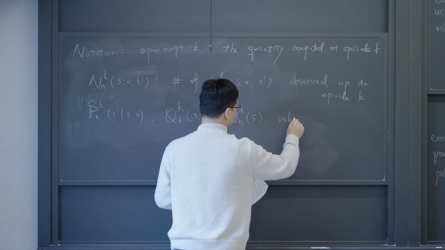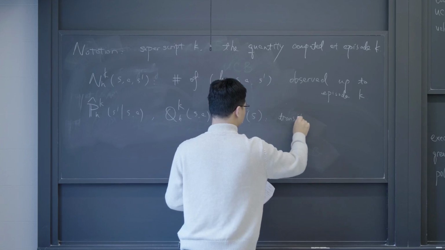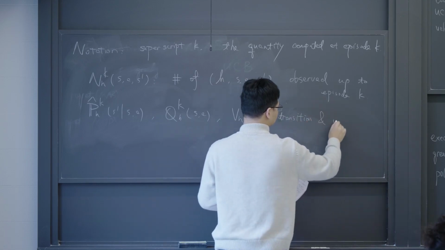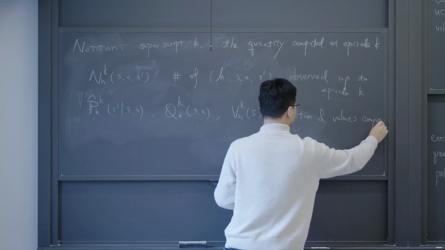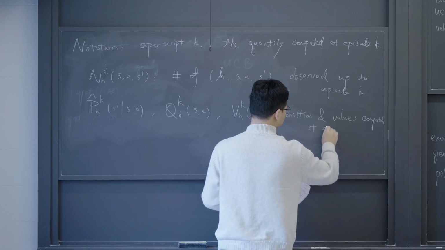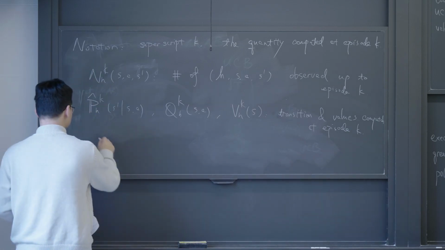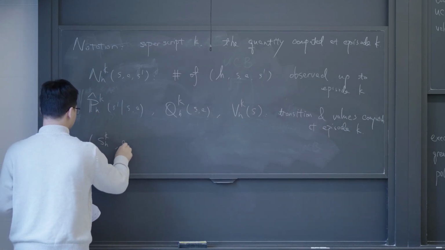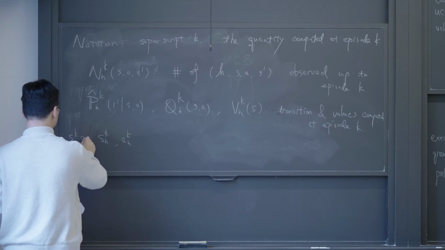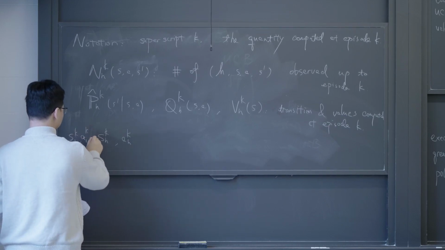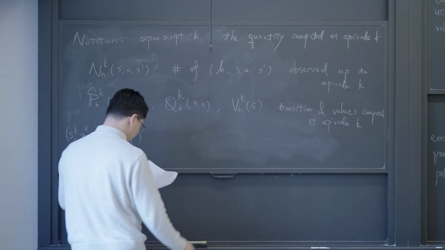These are the values. And finally, we will say S_h^k, A_h^k, or we will say S_1^k, A_1^k, till S_H^k, A_H^k. This is the trajectory collected at episode k.